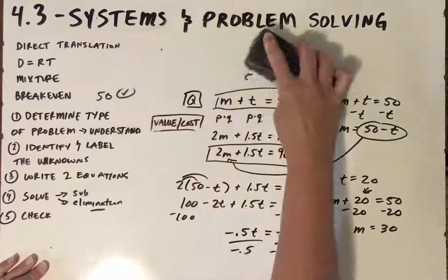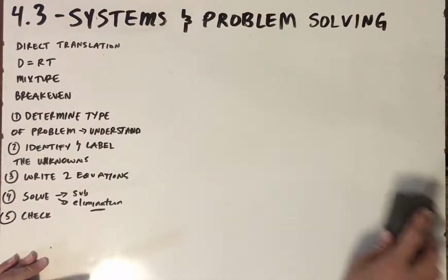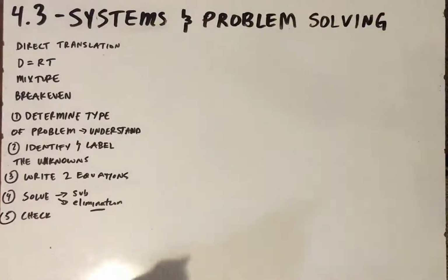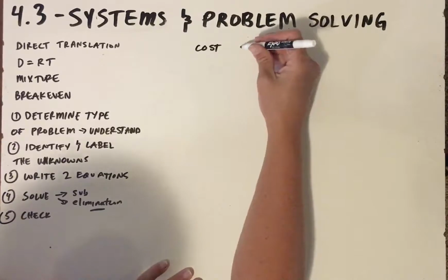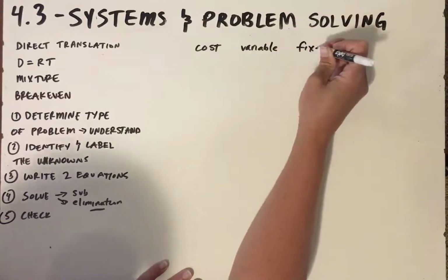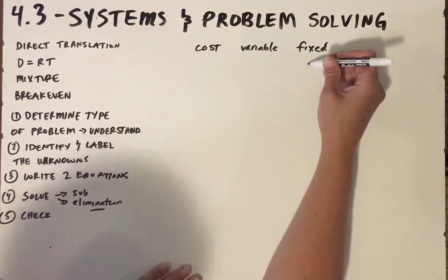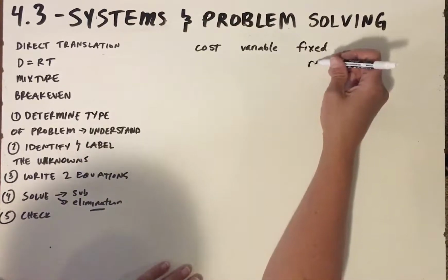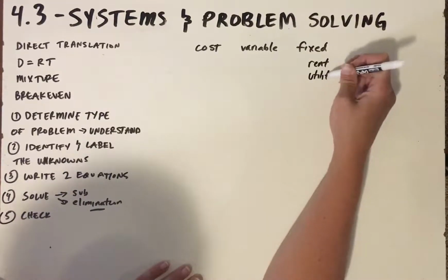All right, so break-even. Let's talk about break-even, just generally. So typically, costs for a business, you have variable costs and you have fixed costs. Fixed costs are like, I'm going to have to pay for the rent of the building, or I have to pay utilities, or whatever the case is.